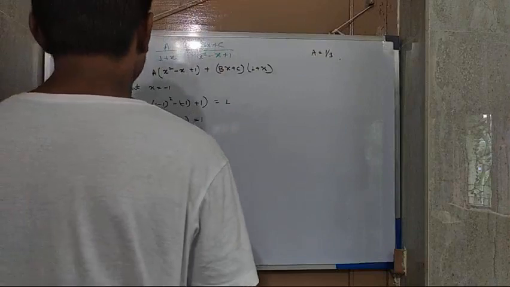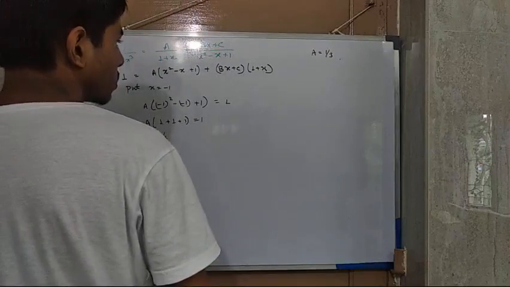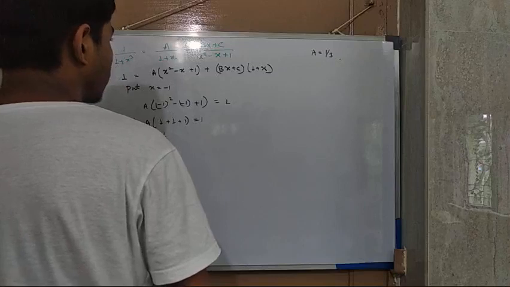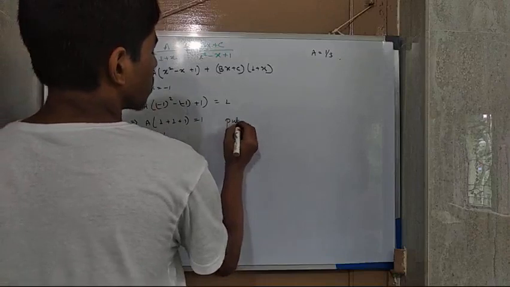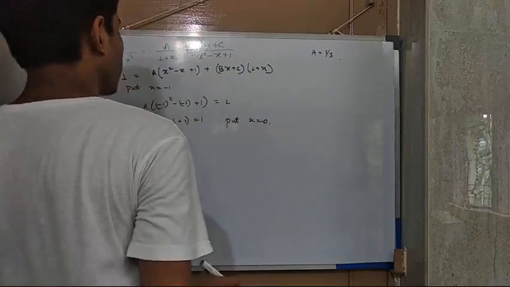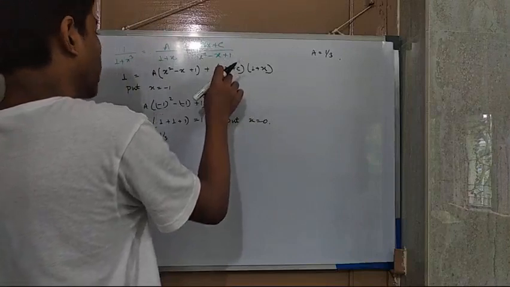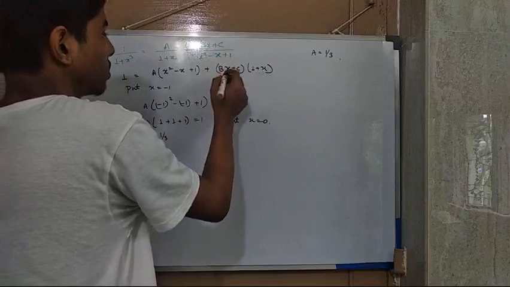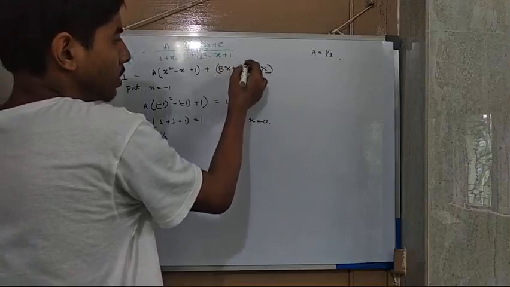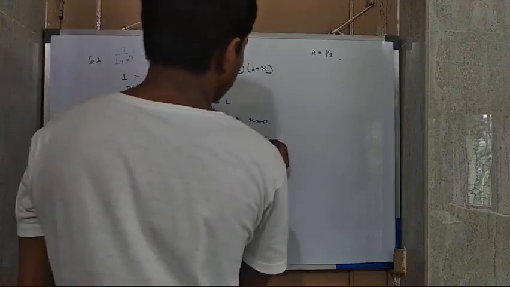Now we can just put x equal to 0. That means this b term will go, and this is b times 0 plus c times 1 plus 0, so this is only c.